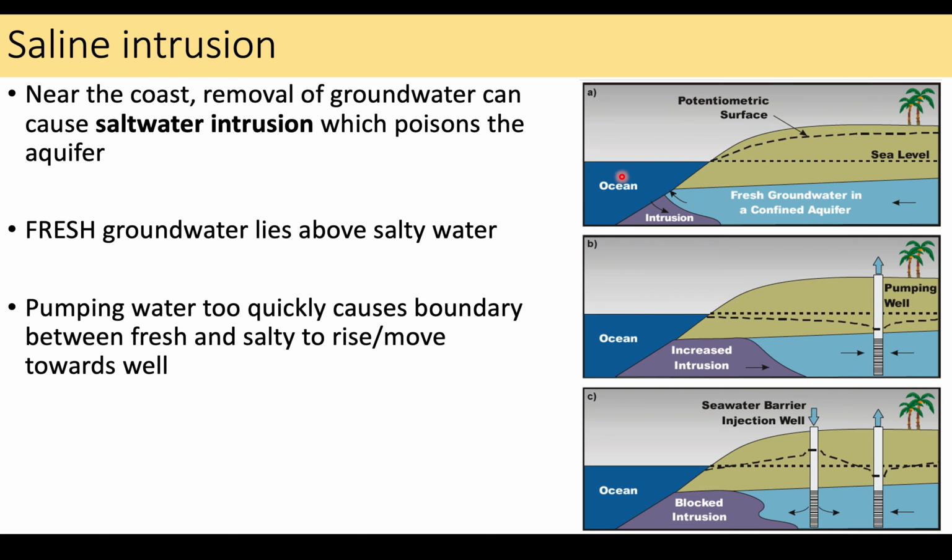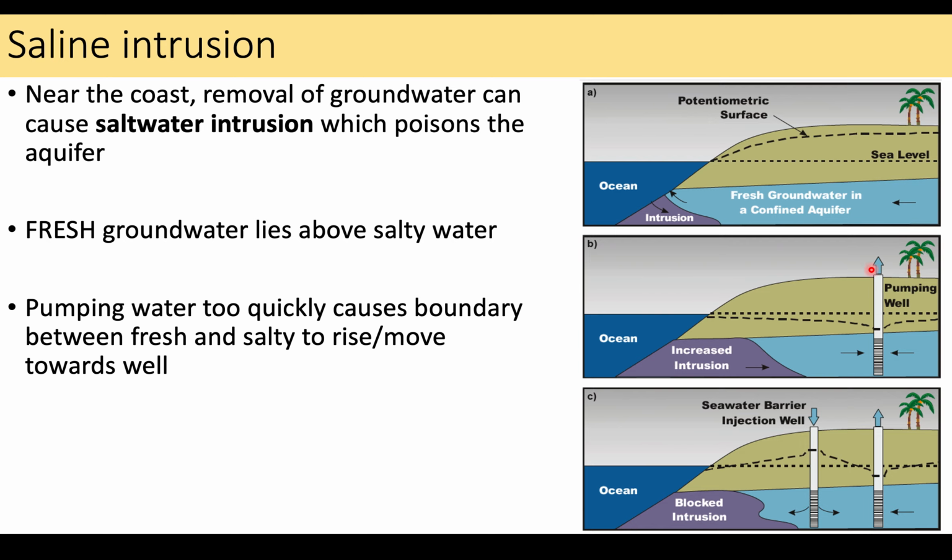What happens is, here we have our ocean water, and here we have our fresh water. And here, where they meet, you're going to have some intrusion of ocean water. You're going to have some mixing of this fresh and salty water. Here we have our well, so it's going to be pumping more and more water upwards.